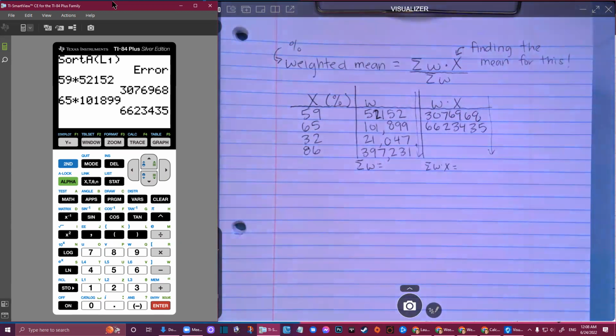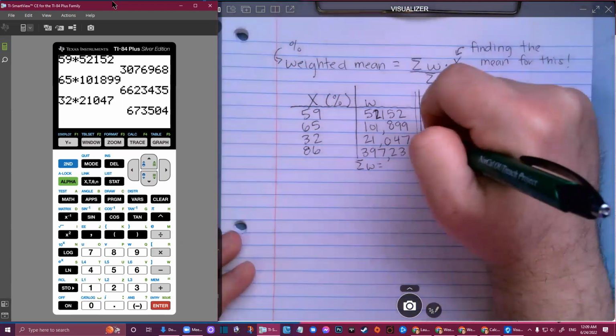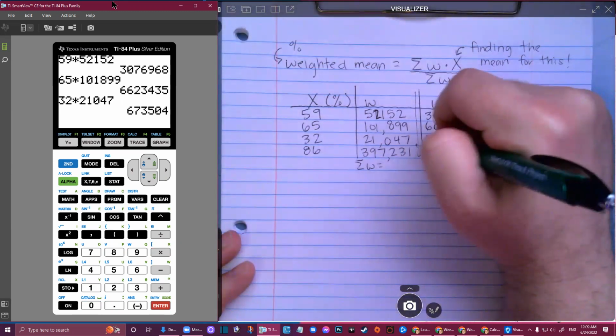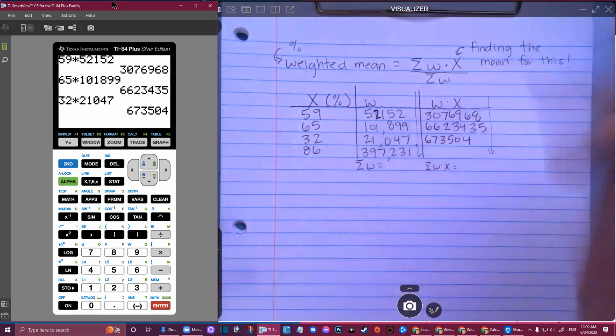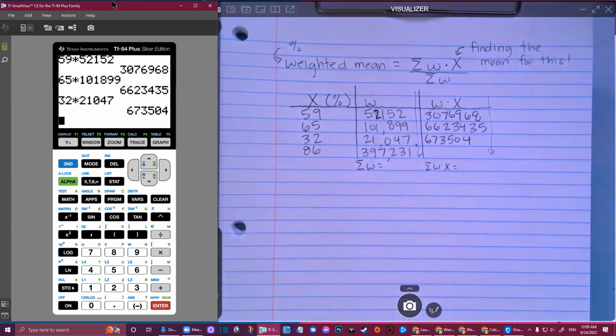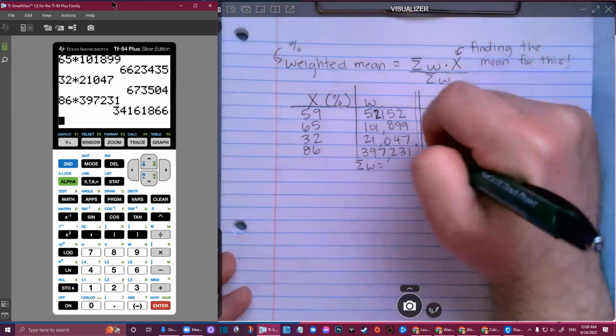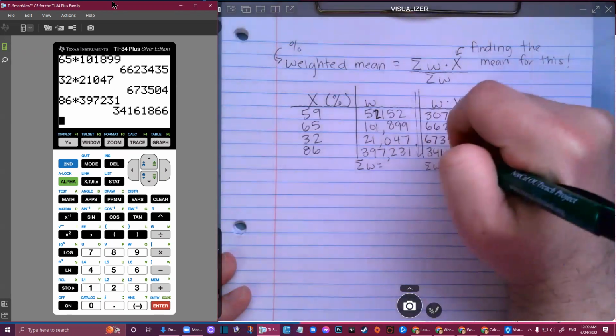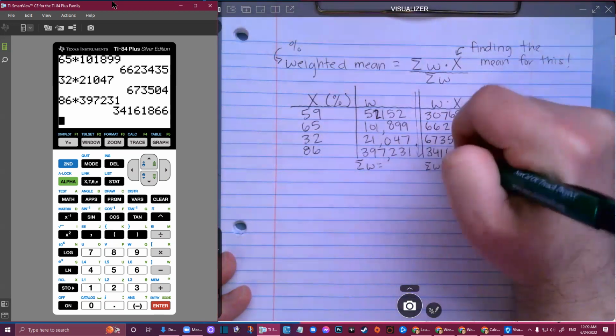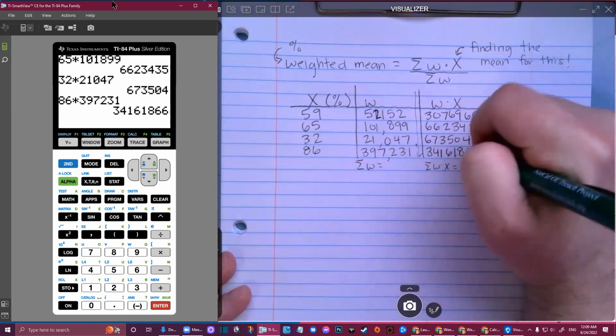The next one is 32 times 21,047. So 673,504. And then the very last one's going to be the big one, 86 times 397,231. 34,161,866.